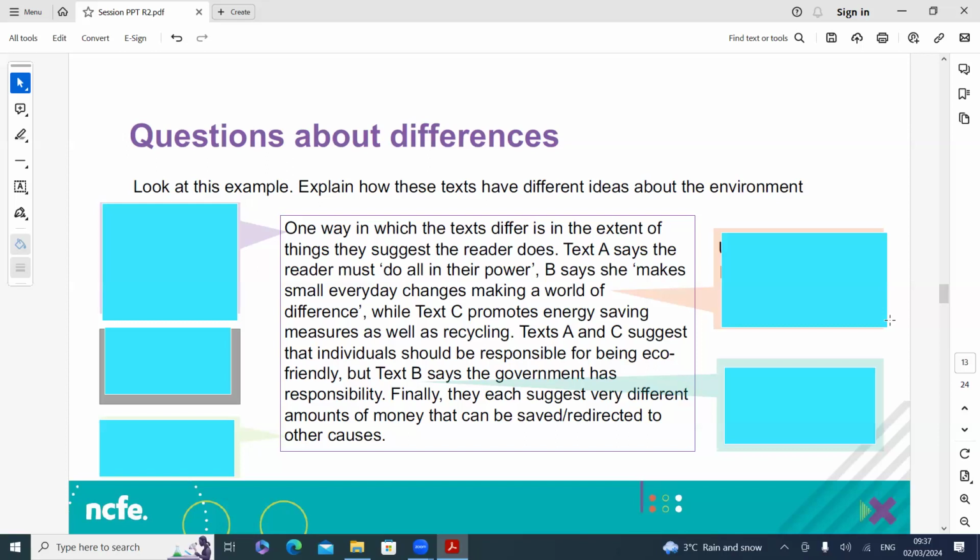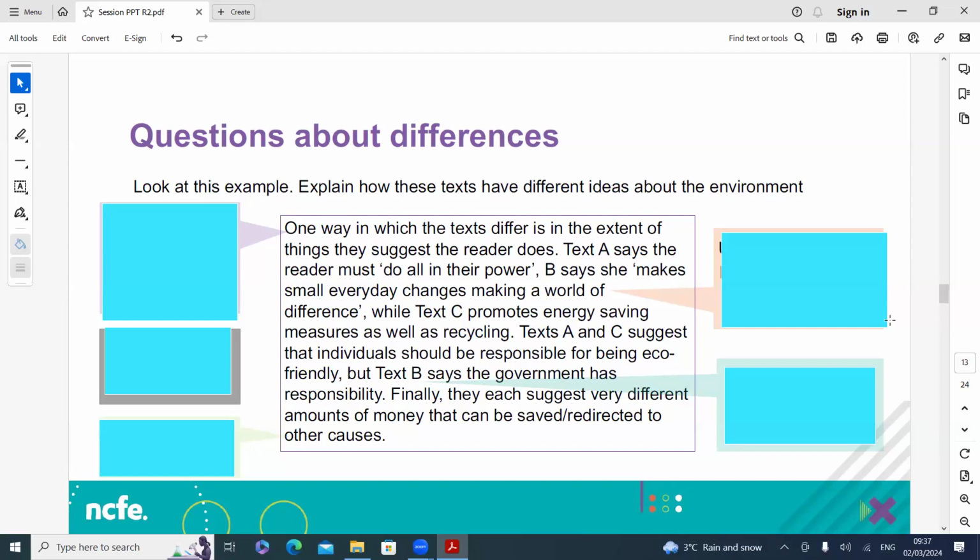One way in which the texts differ is in the extent of things they suggest the reader does. Text A says the reader must do all in their power. B says she makes small everyday changes, making a world of difference. While text C promotes energy saving measures as well as recycling.